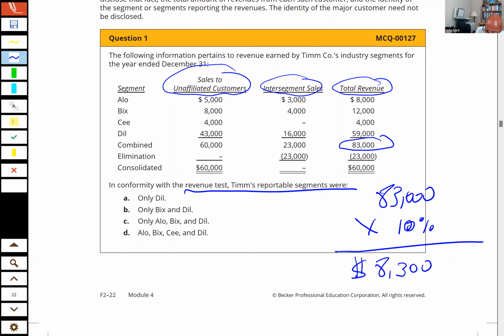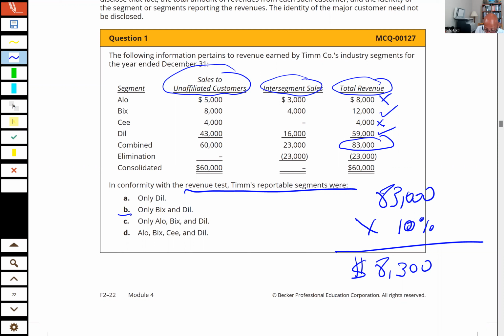So how about Allo? Speak to me, guys. Allo is no. How about Bix? Yes, Bix is big enough. How about C? No. How about Dill? Yes. Okay, good. So right now I'm thinking the answer is Bix and Dill, but I have to make sure I have enough segments under the 75% sufficiency test.